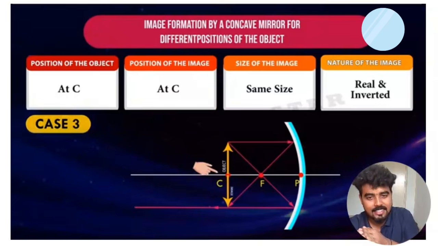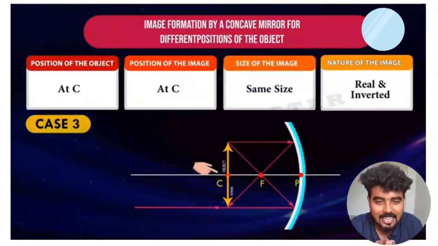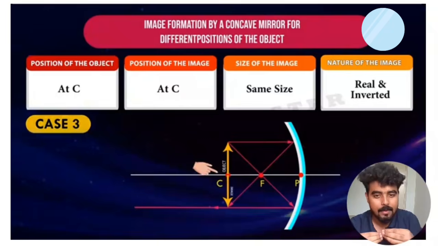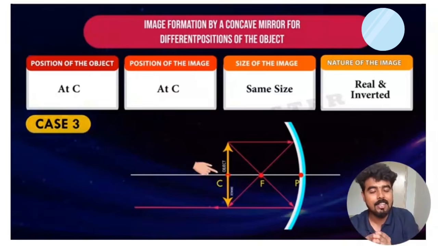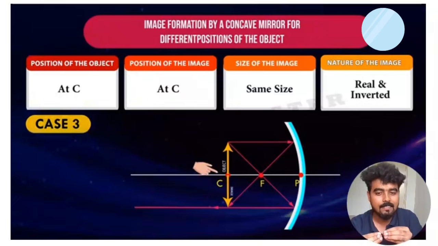Both reflected rays intersect exactly below C. So the image is formed at C. So now we are going to use the third rule. Okay. So the nature of the image formed is real and inverted. The size of the image will be the same size. There will be no difference. This is a very popular question in your board exams. Okay.